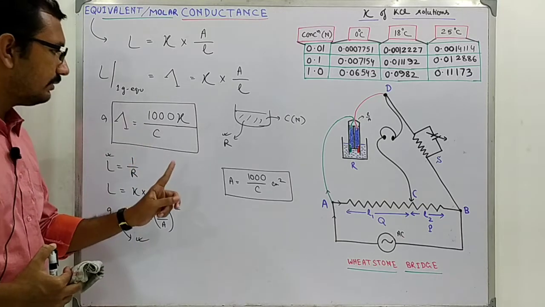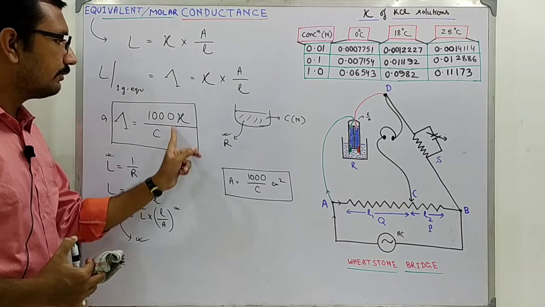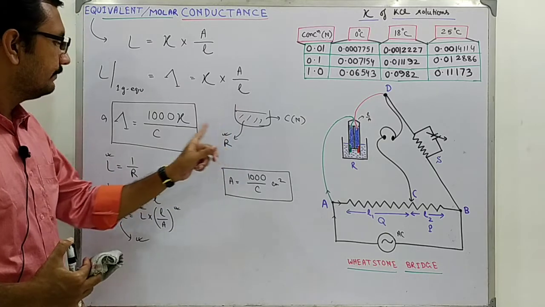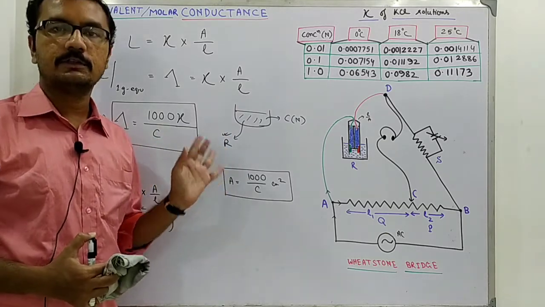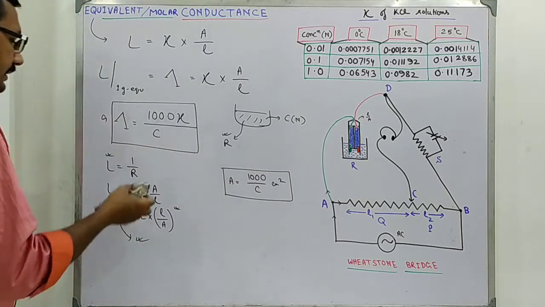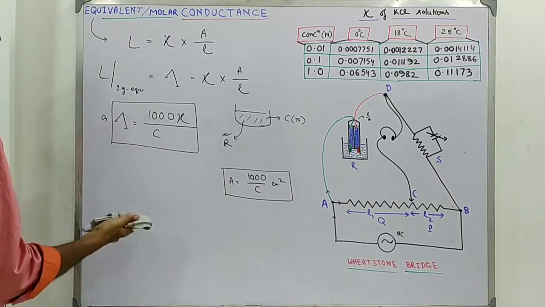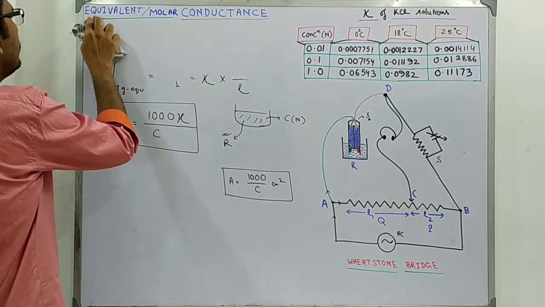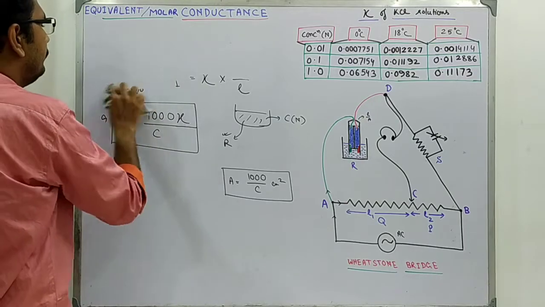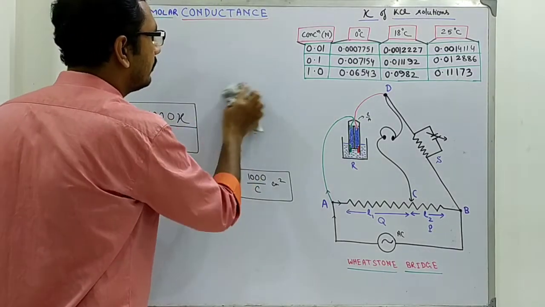You use the specific conductance here, and put the concentration of that solution here. So, that will give you equivalent conductance. This is the procedure. Now, in the next lecture I will solve a numerical problem for you that will clear your understanding regarding the measurement procedure of conductance, specific conductance and equivalent conductance.